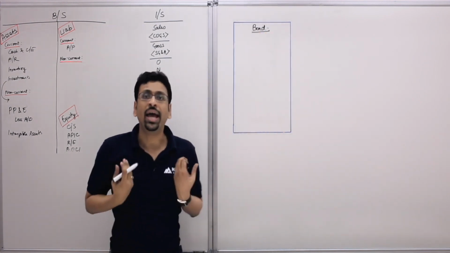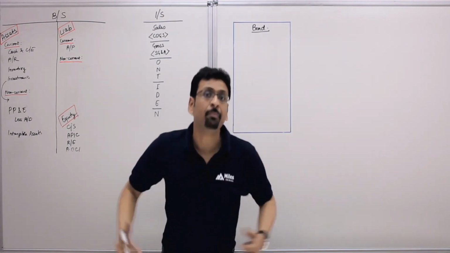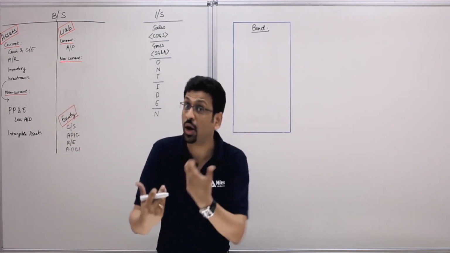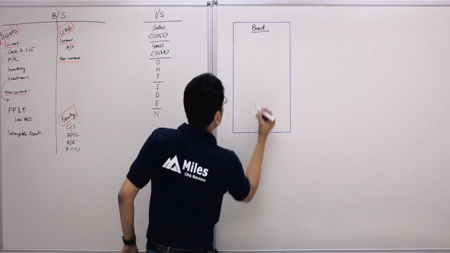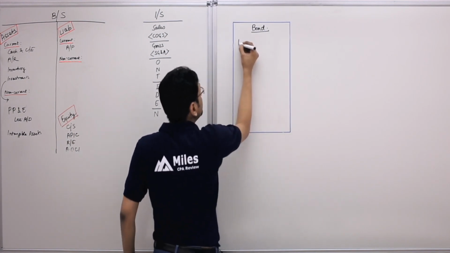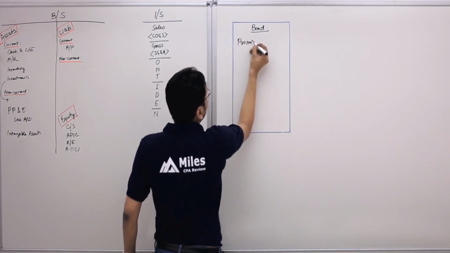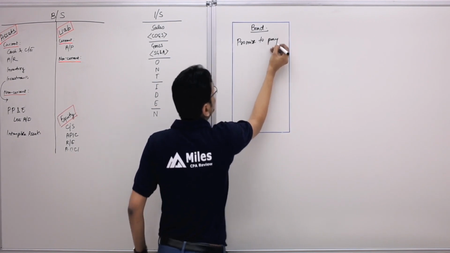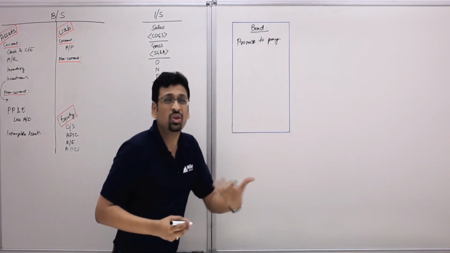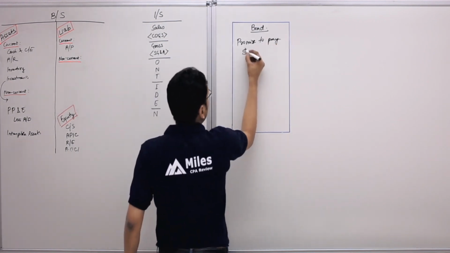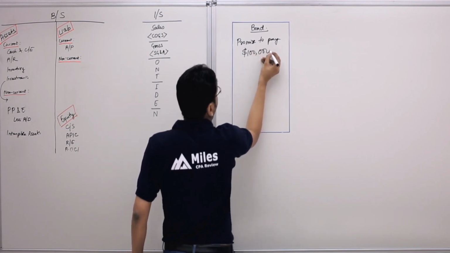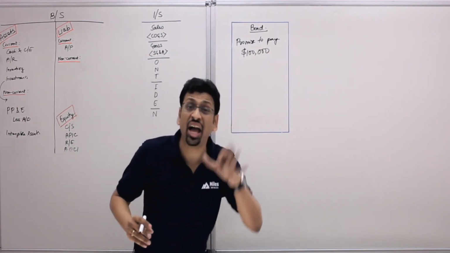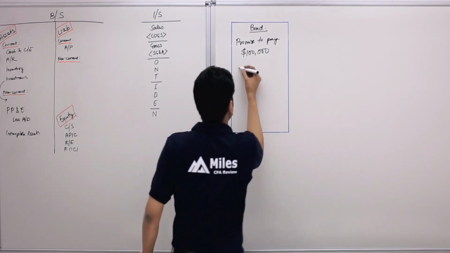So let's say we at Mild CPA Review need money for expansion, so we are issuing out bonds. We say on the bond that we promise to pay the investor of these bonds $100,000, let's say this is a $100,000 bond, after a period of 5 long years.